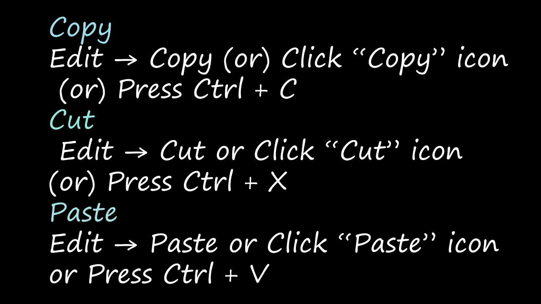Copy and paste formula. The process of copying and pasting data is also used for copying formulas. When you copy a formula from one cell to another cell, the address of the pasted formula will change according to the row. This is called relative cell reference. And for copying a formula from one cell to another cell or to many cells, we have a shortcut here.